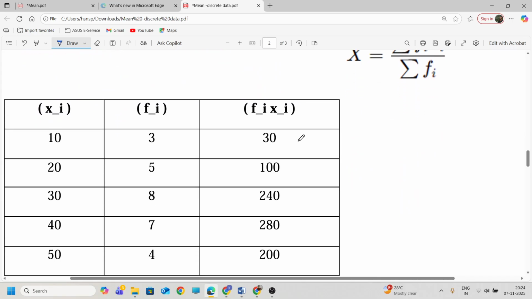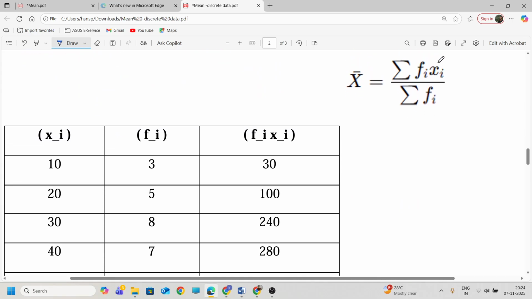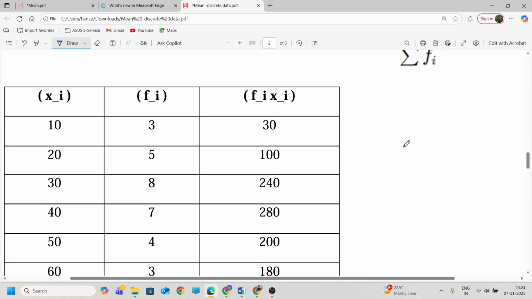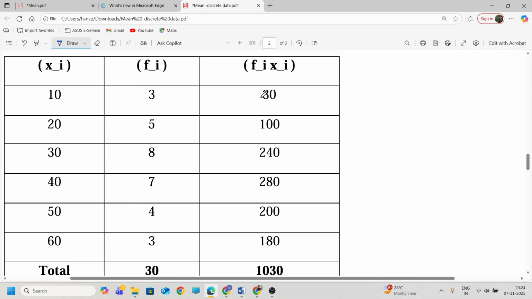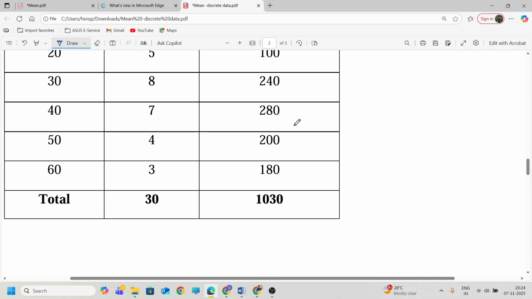So here this is the mean formula for discrete data. Here we arrange the given x values and f values and multiply f and x: 10 into 3, 20 into 5, and so on. So fx, this is the total of fx, summation of fi xi. So in our formula we find the fi xi here, and this is the n value.